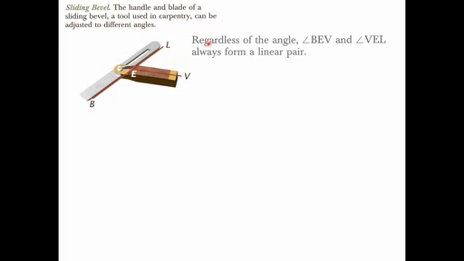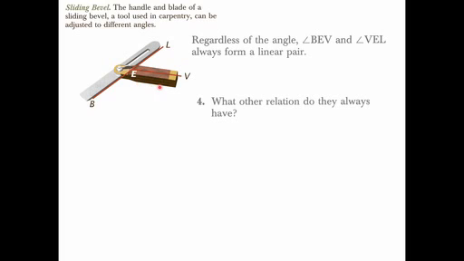Here's a given. Regardless of the angle, BEV and VEL always form a linear pair. That is the given. Remember the definition? They have a common side, EV is in both of them, and their other sides, EL and EB, are opposite rays. Some questions now.